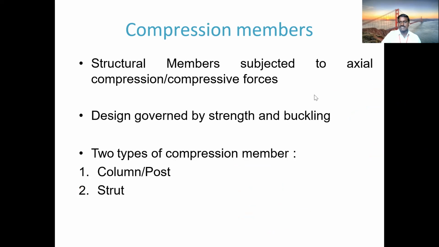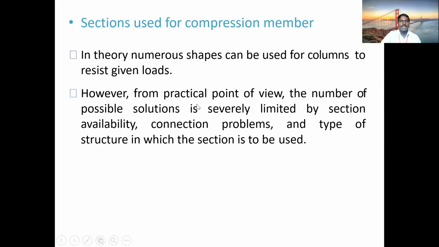We can see again the sections used for compression members. So various shapes, similar to tension members, we can use for a column to resist the given load. Whatever load is coming on the column, for resistance of this load we can use various members.